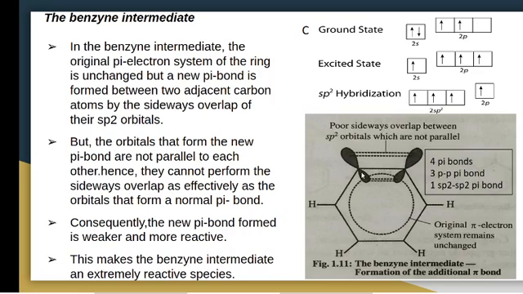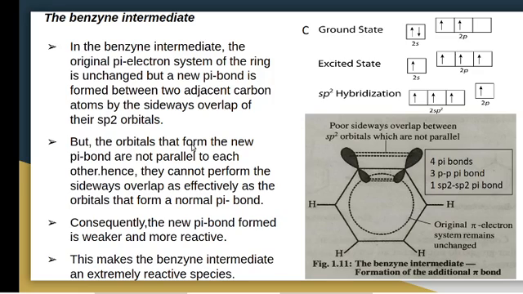In addition to that, there are two sp2 hybridized orbitals which overlap sideways. There is a poor overlap that can cause additional pi bonds. So there are 4 pi bonds, that means 3 pp pi bonds, and one additional pi bond is there because of the overlap of sp2 orbitals.